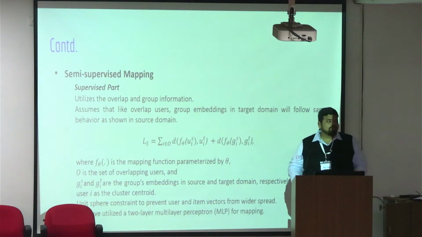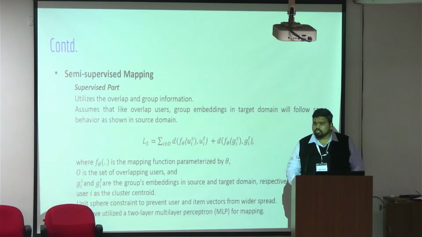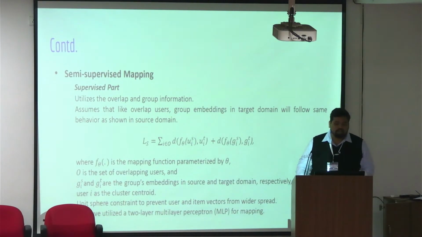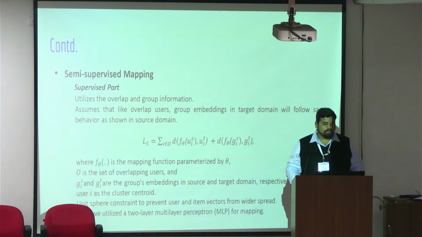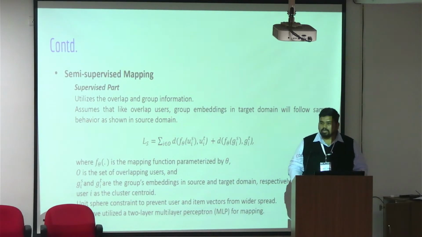Now, once the groups are formed, the mapping part is next. We have considered the semi-supervised mapping as proposed in the base model. In it, they had utilized the supervised part by utilizing the overlap information. In this work, we have utilized overlap as well as group information in the supervised part, as we have knowledge about overlapping users or items and the group information in both domains.